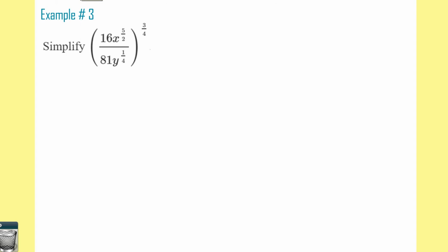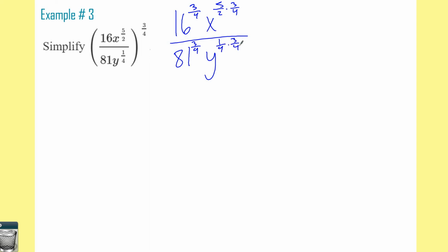All right, example 3. So here we can go ahead and distribute the 3/4. So I'm going to rewrite that. And since I have numbers, I'm just going to go ahead and write those in radical form.